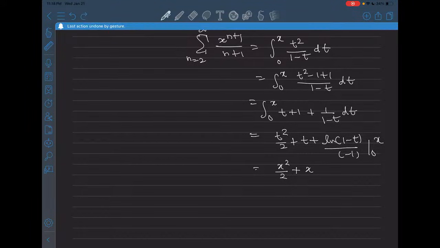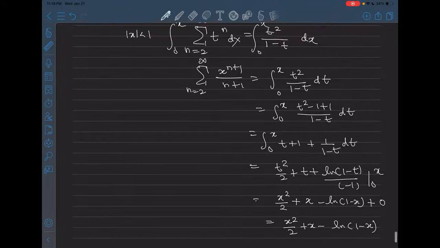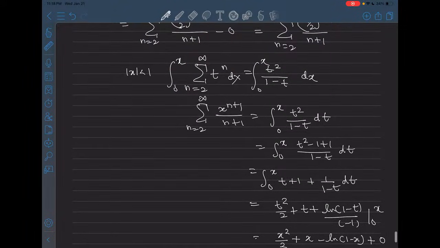Actually here it should be minus ln of 1 minus x, and then plus ln of 1, which is 0. So I get this as the answer, and I don't know why I got log over here, because usually I don't think there's log in there, right?